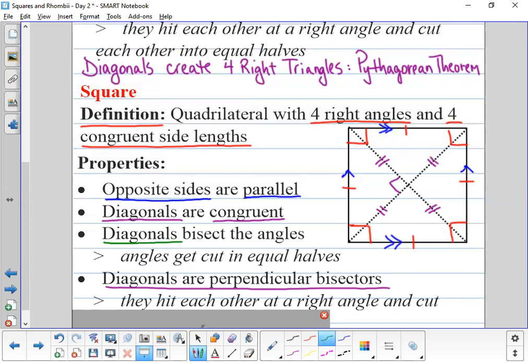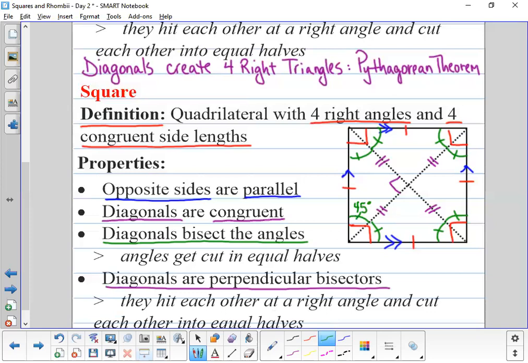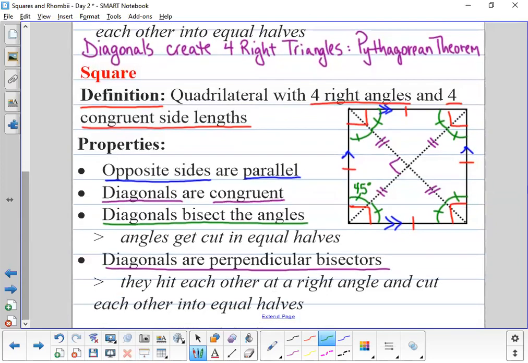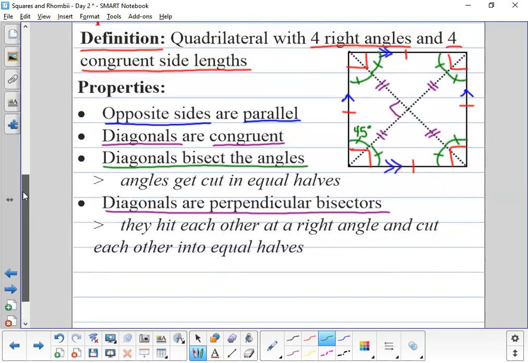And we know that the diagonals bisect the angles. So we can mark that in here as well. And since each angle is 90 degrees, the angle that's created when it's bisected is going to be a 45-degree angle. That means that the diagonals of our square will create four, not just right triangles, but four isosceles right triangles.